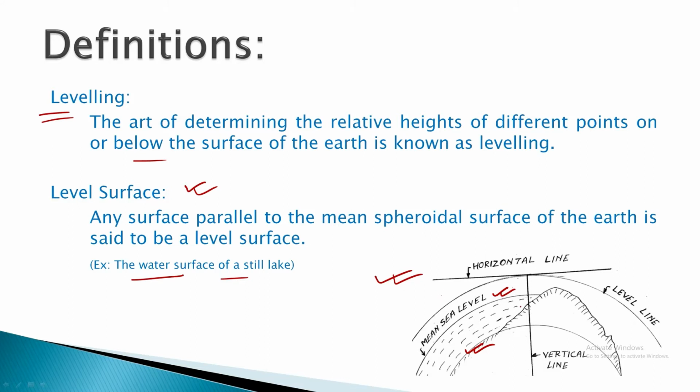You already know that for a still lake the water surface is static, right? That is why this particular surface you can consider as a level surface. Also you can take the surface where the level line is present, that is also parallel to the mean spheroidal surface, and can also be represented by the level surface.